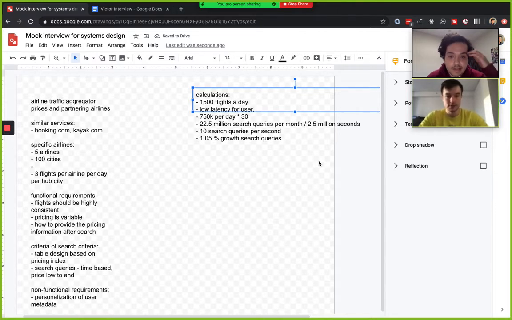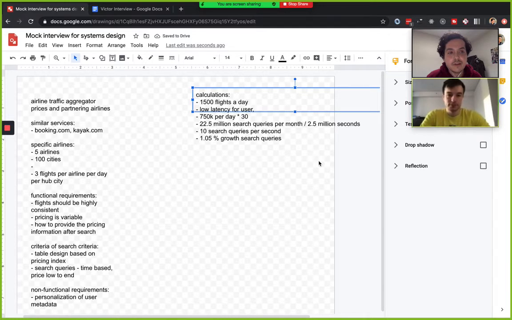Based on what we talked about with the principle, two of the search queries are going to reflect a purchase, right? So my intuition is that we can probably set up our overall high level design with a SQL database that we can make pretty vertically scalable.